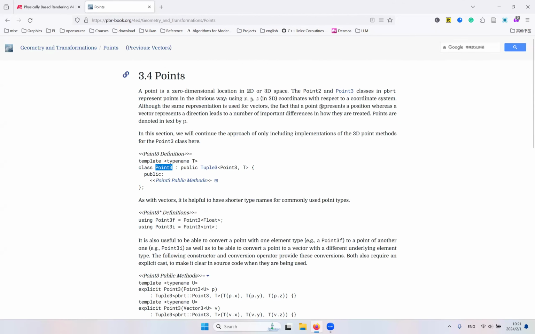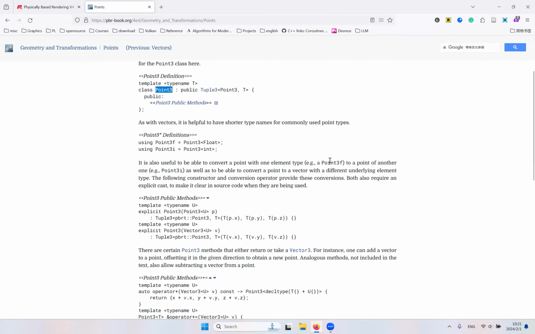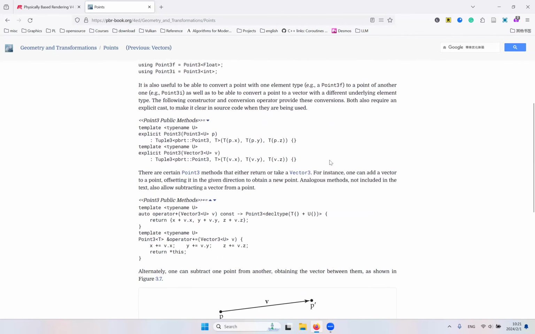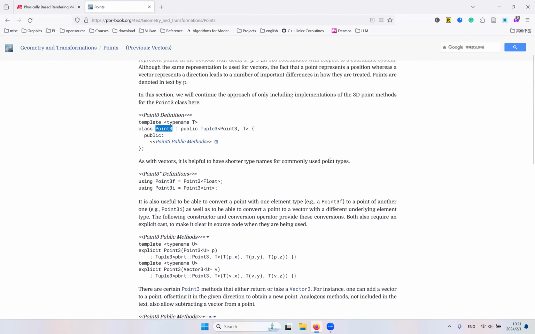So PBRT distinguishes between points and vectors. I like that. I also do that in my math library. I flip-flopped between thinking it's a great idea and a bad idea. The rigor of knowing which is which means when you do math, you have type safety saying, hey, you're trying to multiply a point together with another point.